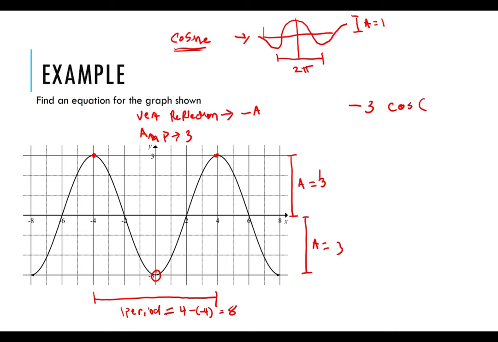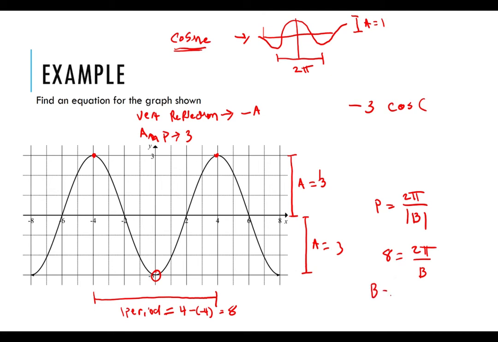But remember that my formula said that my period is equal to 2 pi divided by the absolute value of b. Well, my period being 8, so 8 is equal to 2 pi divided by the absolute value of b, but since we're not having a horizontal shift, you can really ignore the absolute values here. Then we just need to solve for b. Multiply both sides by b, then divide by 8.